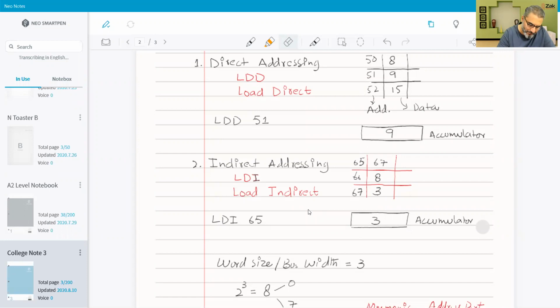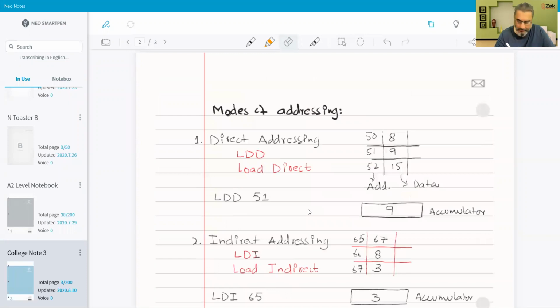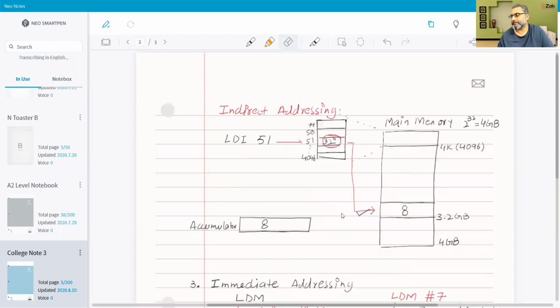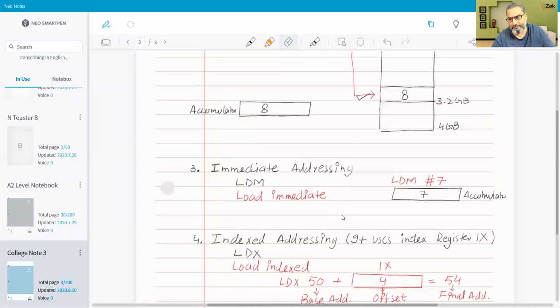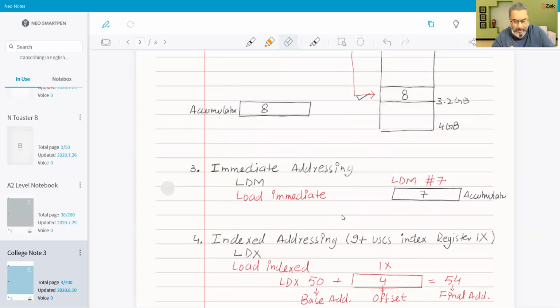Then we have got immediate addressing. In immediate addressing, we don't have any address. Rather, in the operand part, we place the value itself. And how do we differentiate a value from an address? By putting a hash in front of it.